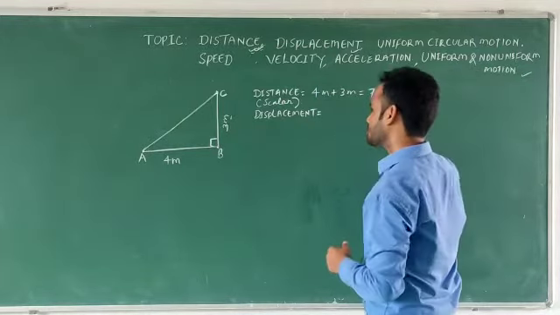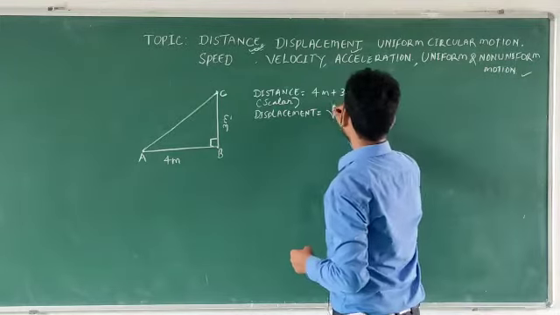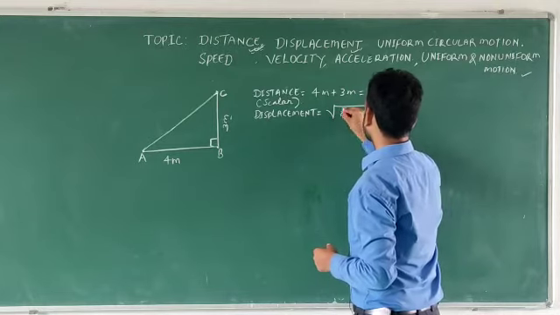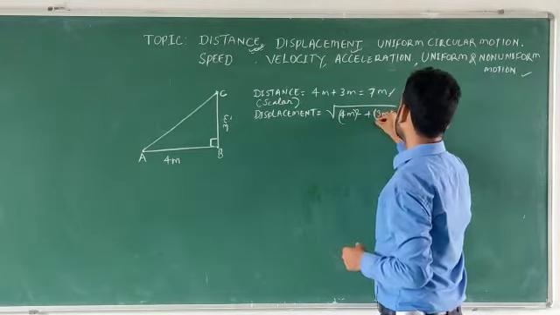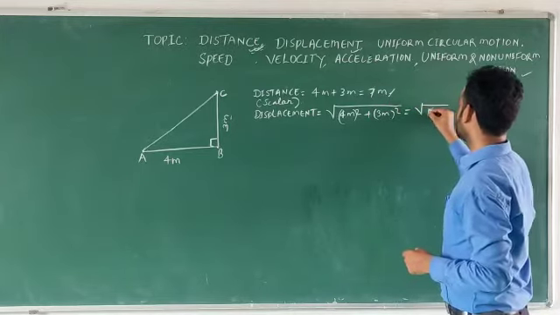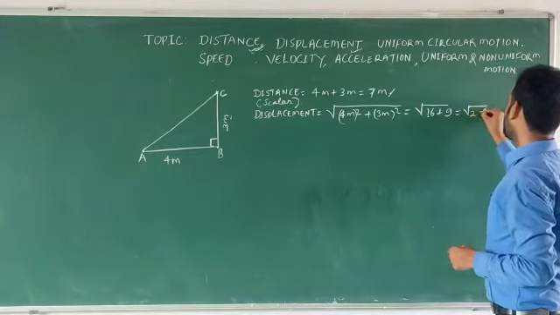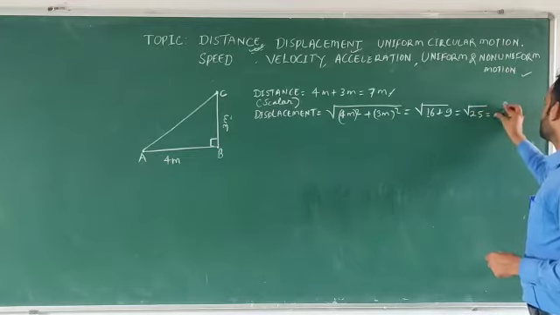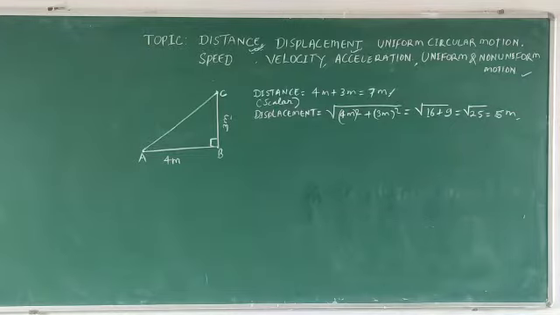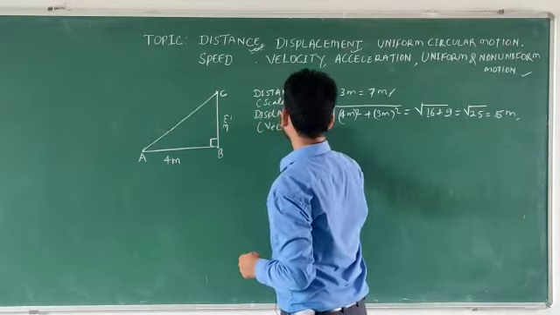So the displacement would be, according to the Pythagoras theorem, the square root of 4 meter squared plus 3 meter squared. So 4 squared is 16, plus 3 squared is 9, so it would be the square root of 25. So we will get the answer, that is 5 meter. So displacement is 5 meter here in this case, because displacement is a vector quantity.